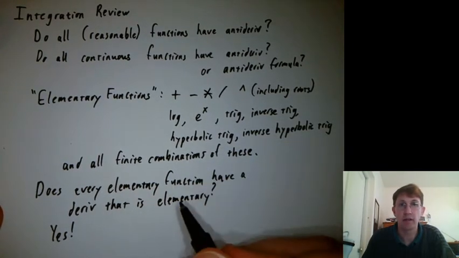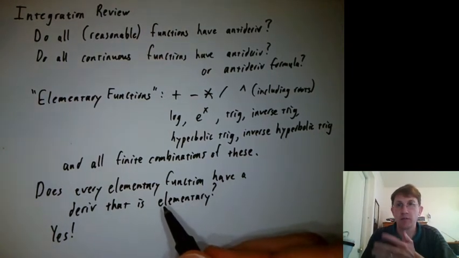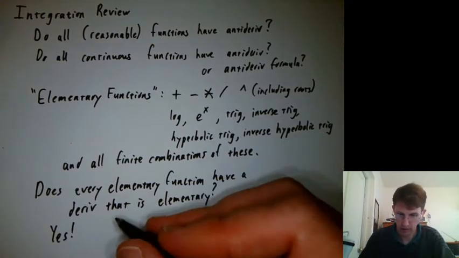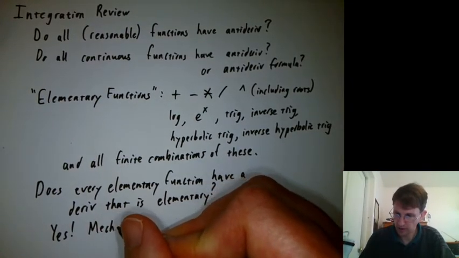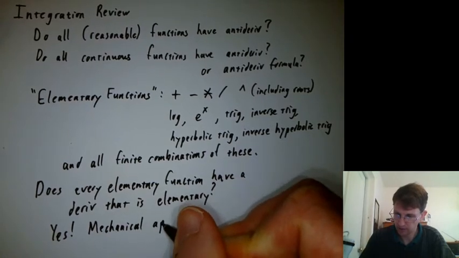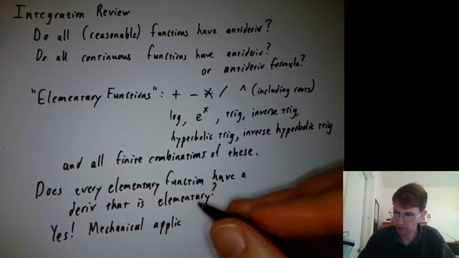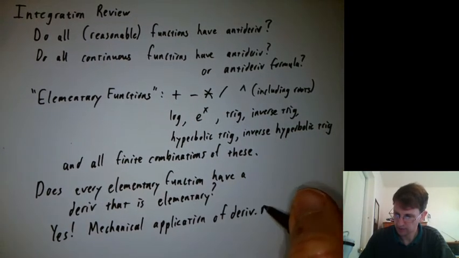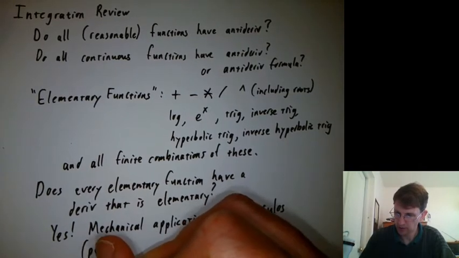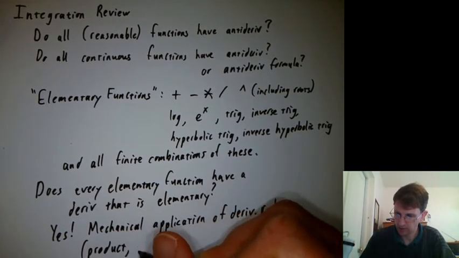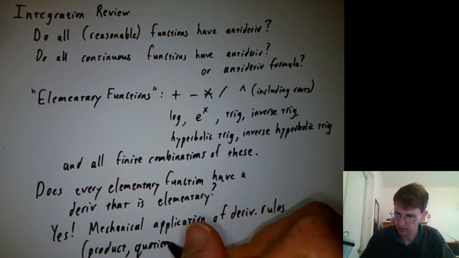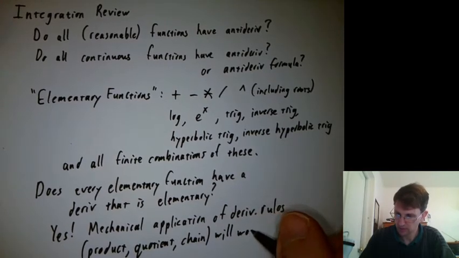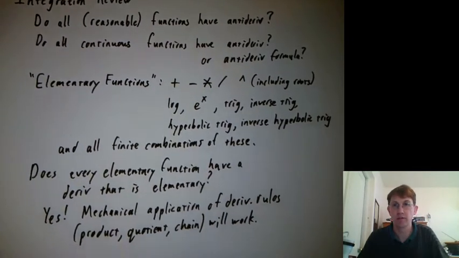And how do you get that derivative function? You can just apply rules mechanically. Chain rule, product rule, quotient rule, constant multiple rule. So we can just say mechanical application of derivative rules will work, that there's no creativity required.